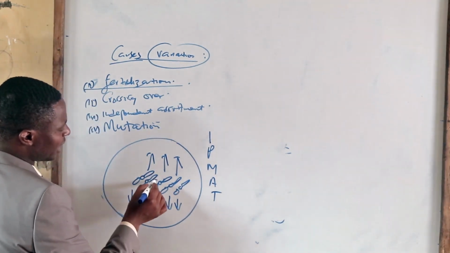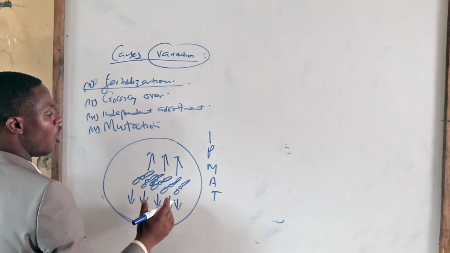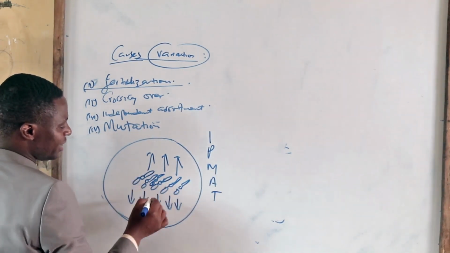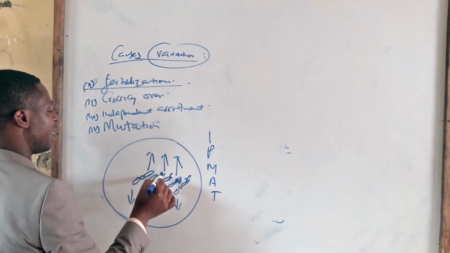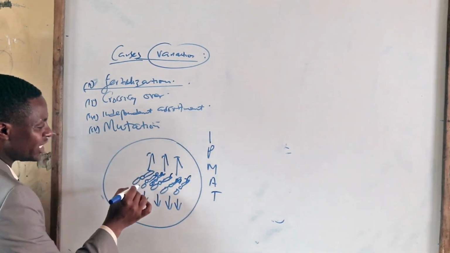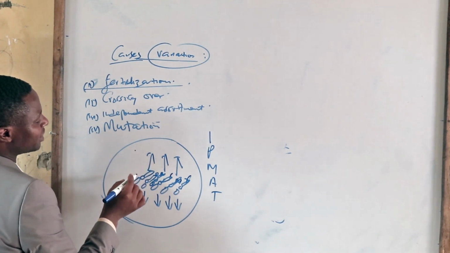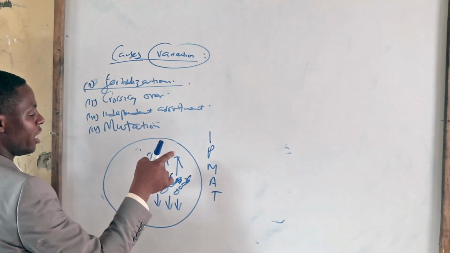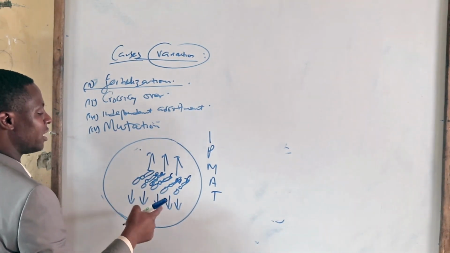Assuming this cell comprised chromatids of a mother and a father, that means the chromosomes we are seeing inside here are a mixture of, let's say, father and mother. So when the chromatids are moving in opposite directions, they do it independently. As they do it independently, on the upper side you are going to have a mixture of chromatids from the father and chromatids from the mother. The same thing, the chromosomes down here are going to be that of the father and that of the mother.